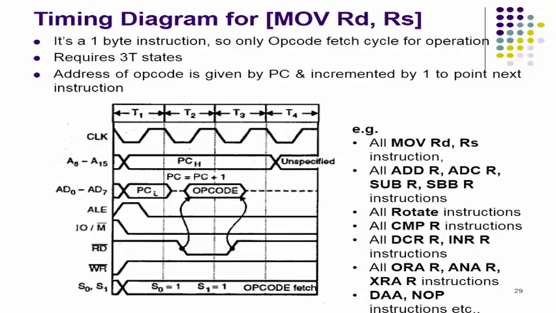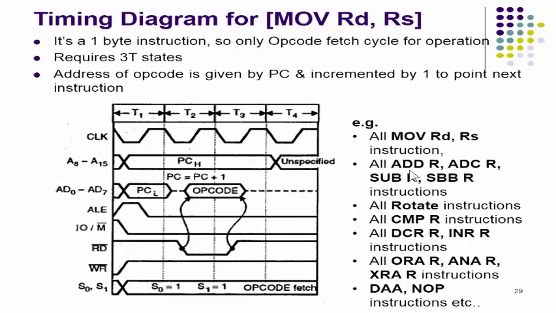So for example, instructions like all MOV Rd, Rs instructions, that is MOV A,B, MOV B,C, MOV D,E, or we can say all 1 byte instructions we can consider here. All addition and subtraction instructions, that is ADD R, ADC R, SUB R, SBB R kind of instructions.